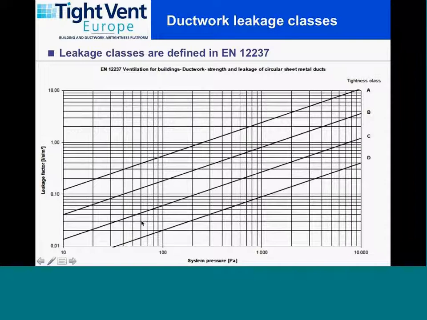So if you pressurize your system and you have data that look like the red points that you see on the figure now, that means that your system complies with leakage class C, because all the points are below the limit of leakage class C.